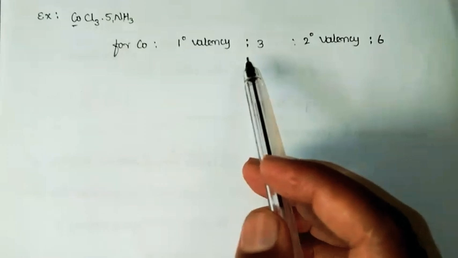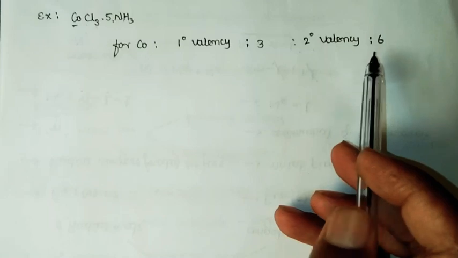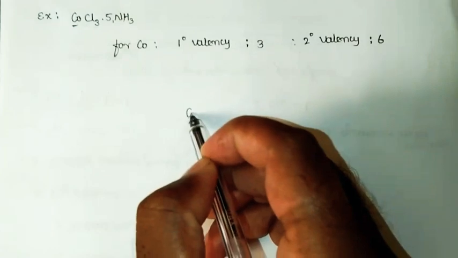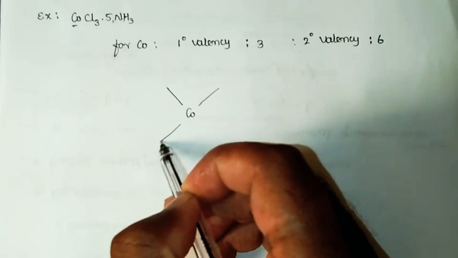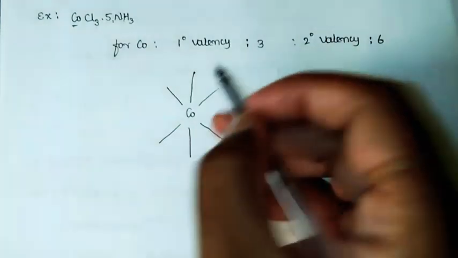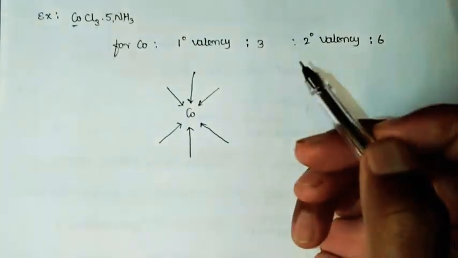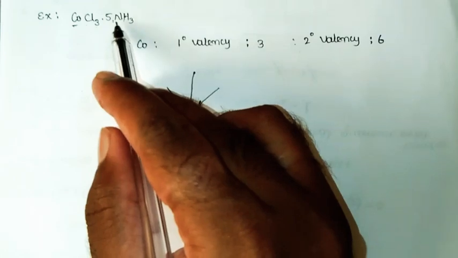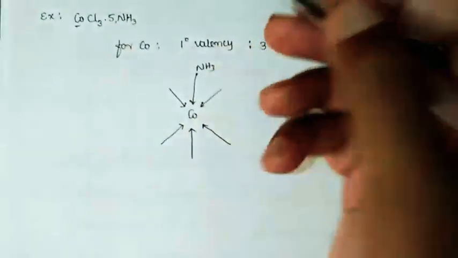From the last postulate of Werner's theory, we can say that when the secondary valency is 6, the possible geometry is octahedral. So cobalt will be at the center. Octahedral: 1, 2, 3, 4, 5 and 6. There are 6 vertices. The bonding between ligands and the central metal ion is coordinate. So first we shall consider the neutral molecules which can act as secondary valency. NH3: there are 5 NH3 molecules.